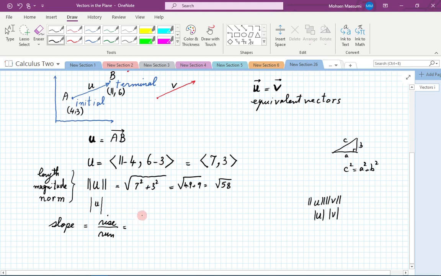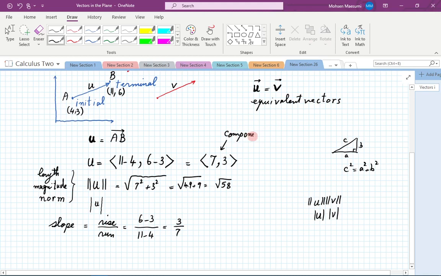So you remember from algebra, rise was the difference of the y's, and run was the difference of the x's. That's perhaps how you started, and at the end you come to this 3/7, the second component divided by the first component. Of course, this is referred to as the component form of the vector.